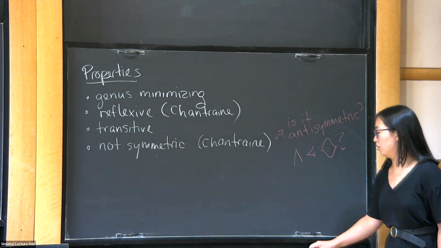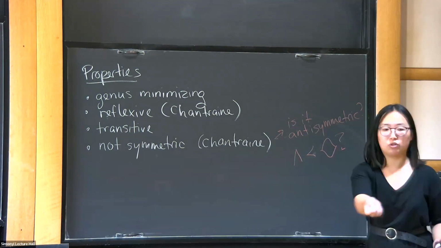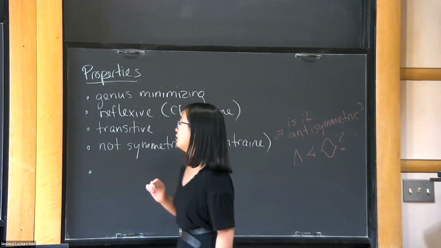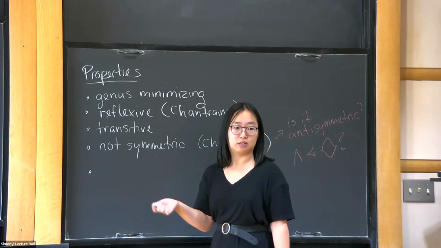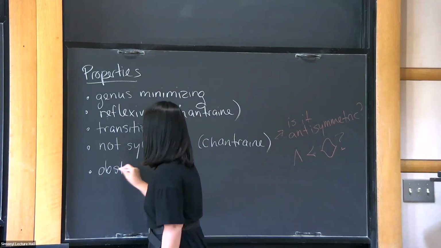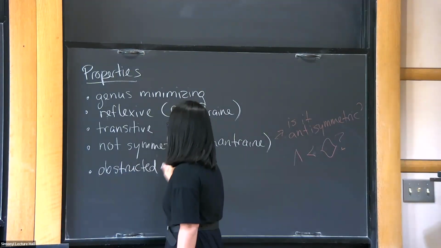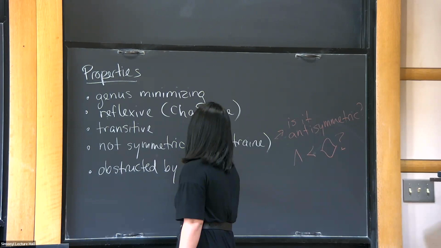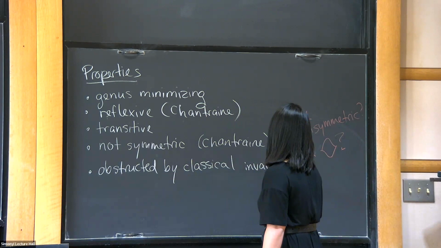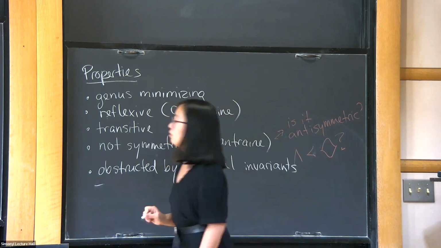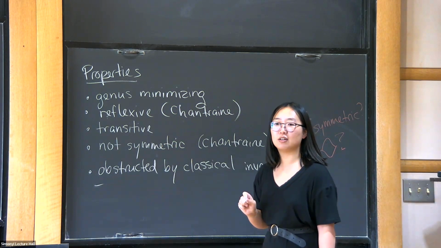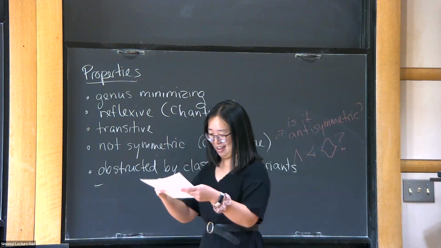So here's a straightforward reason why. Lagrangian cobordisms are obstructed by classical invariants of Legendrian knots. So what's your favorite classical invariant of the Legendrian knot? TB, yeah, okay.